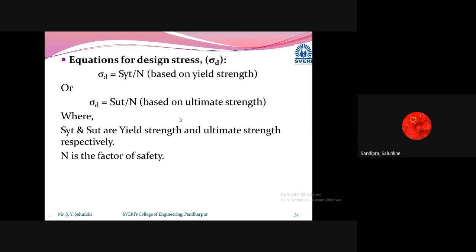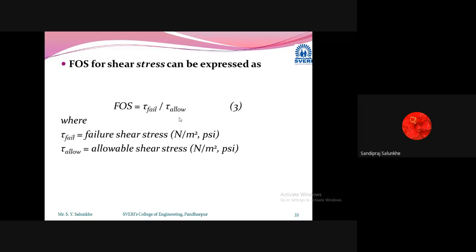Now, we have calculated for the normal and shear stress.